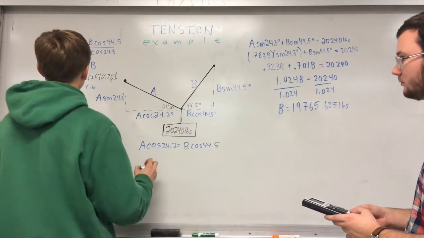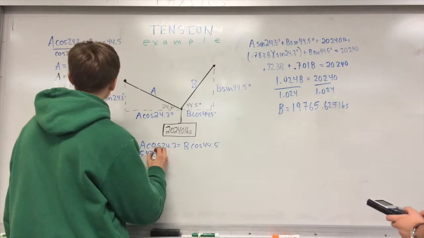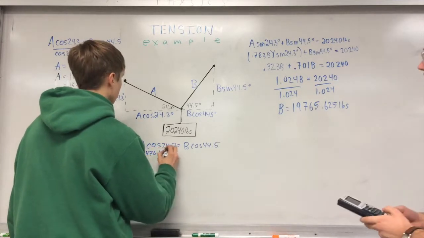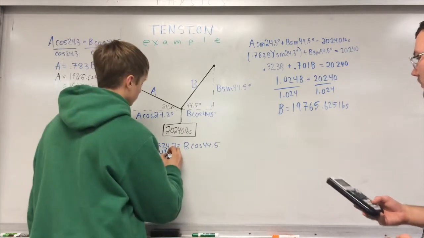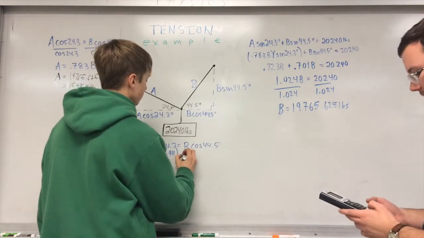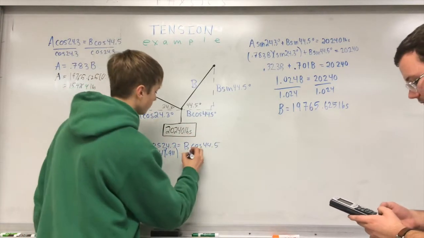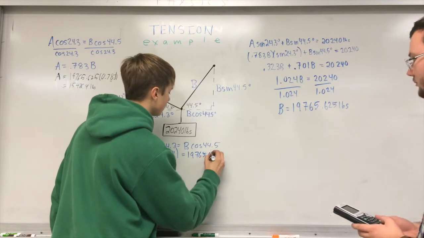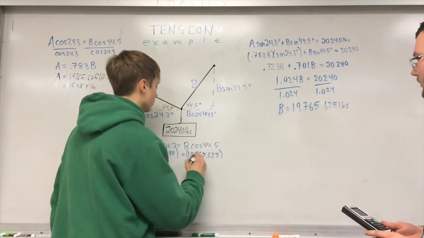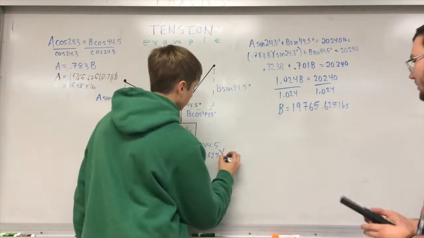Our A value was 15,476.4, times the cosine of 24.3, which is 0.911, equals our B value, which was 19,765.625, times the cosine of 44.5, which is 0.713.